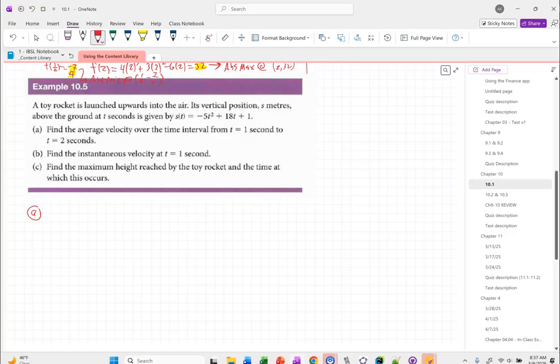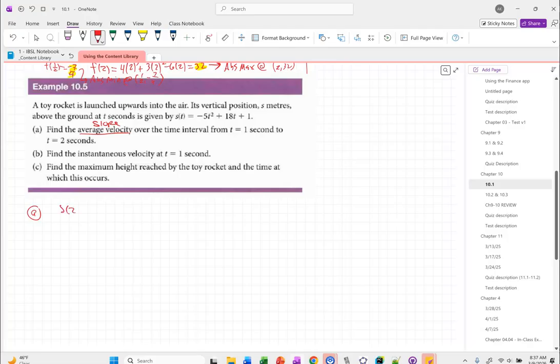Average velocity. When I hear average, what do we think? We should think slope.